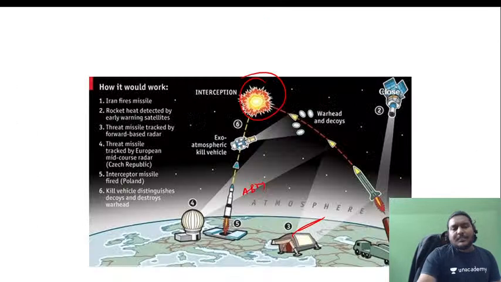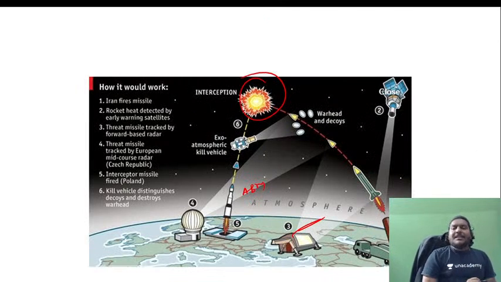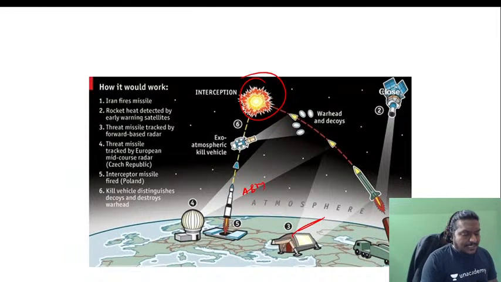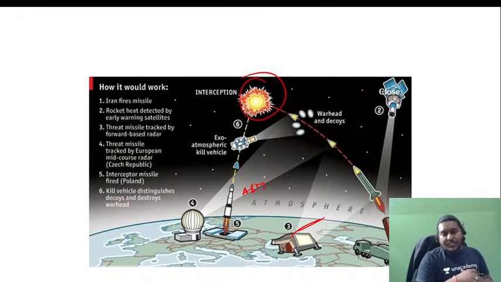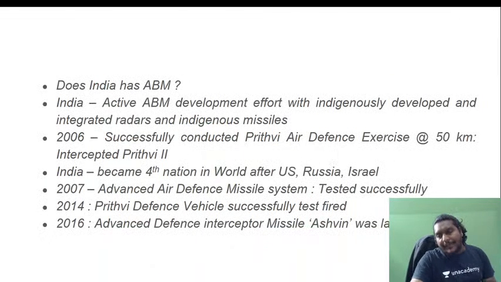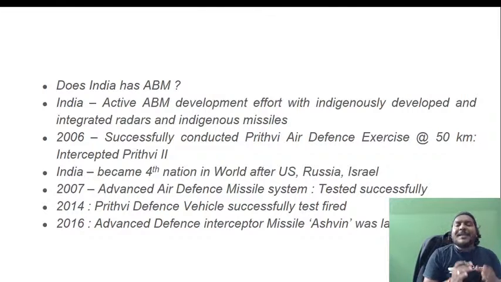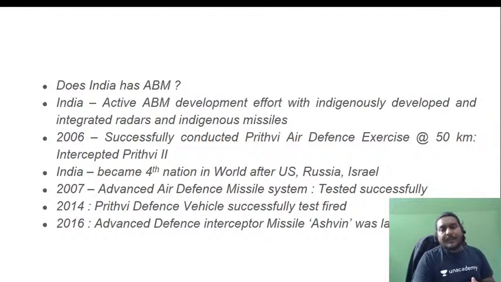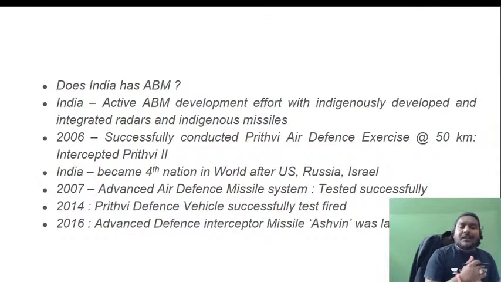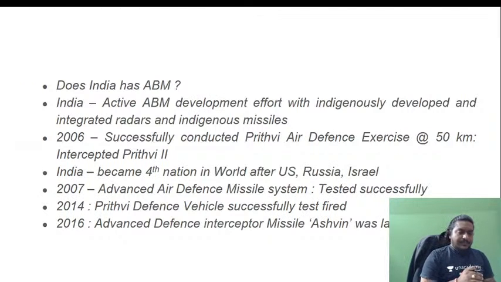Now the point is, do we have anti-ballistic missiles? Does India have anti-ballistic missiles? When it comes to this particular question, a very important answer we have to take note of is this: definitely yes, India does have. Whatever anti-ballistic missile we have has been developed indigenously, with its own integrated radars and its own indigenous missiles.